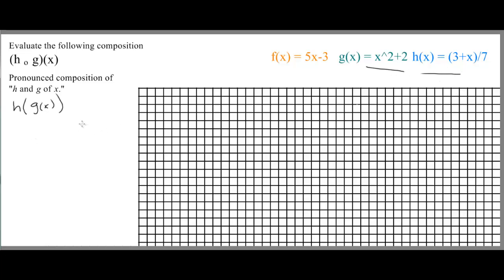Let's put our values in here. We have 3 plus, and again, where we see x, we're going to put g of x. So let's put my parenthesis, and g of x is x to the second power plus 2. So that's the numerator, and that's all over 7.